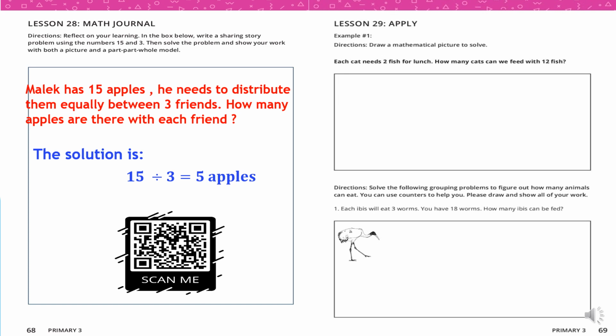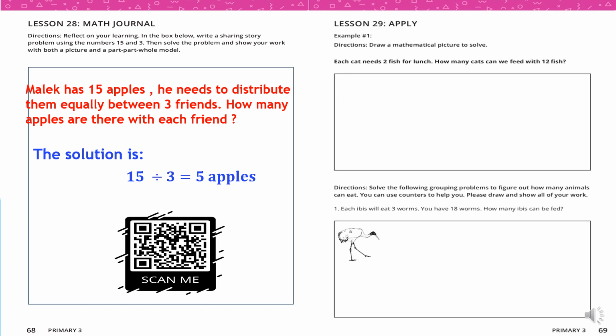Lesson 29. Each cat needs 2 fish for lunch. How many cats can we feed with 12 fish? So the whole number is 12 fish, and each cat needs 2 fish.